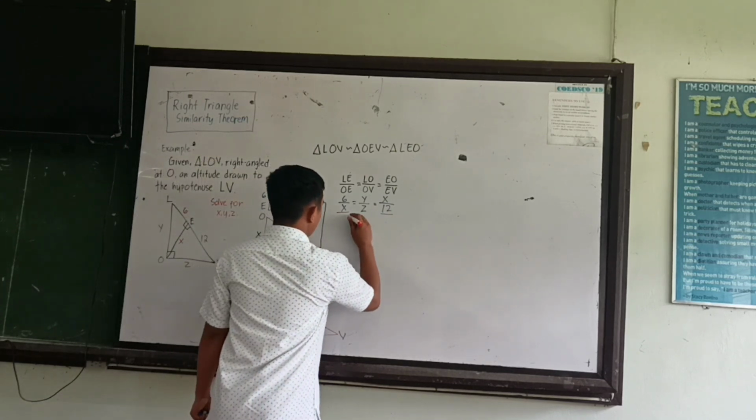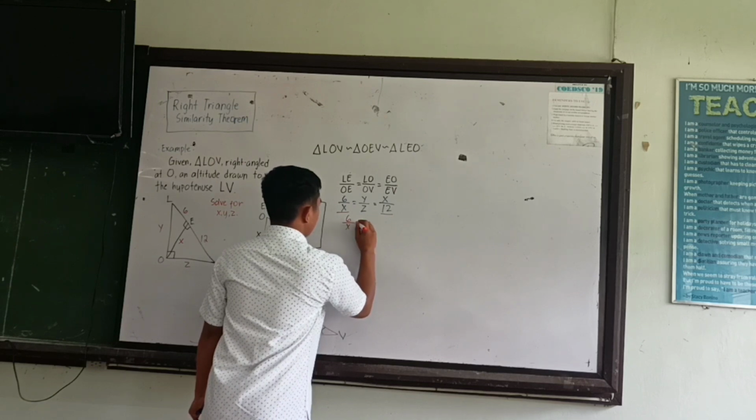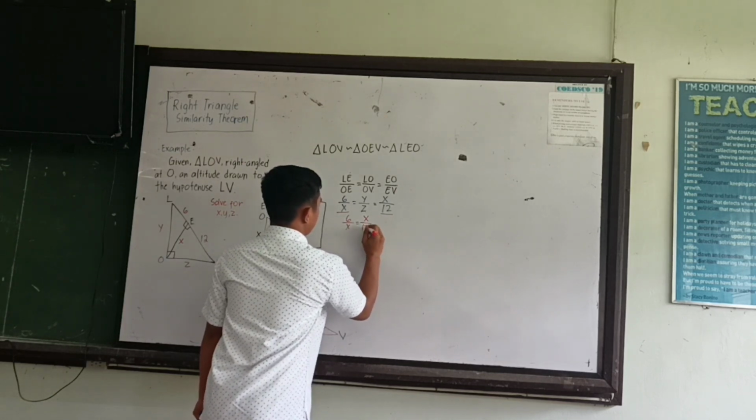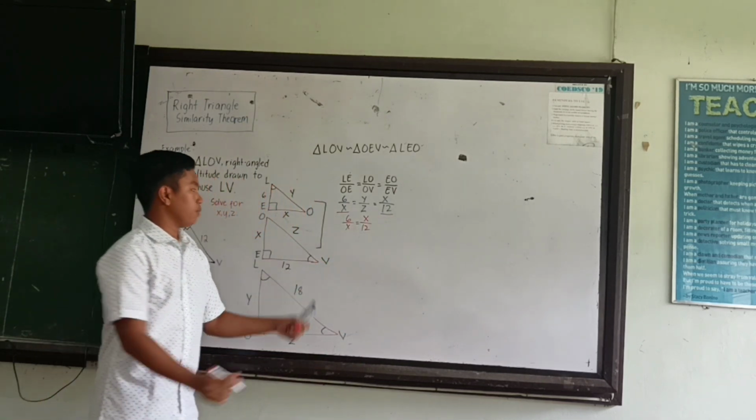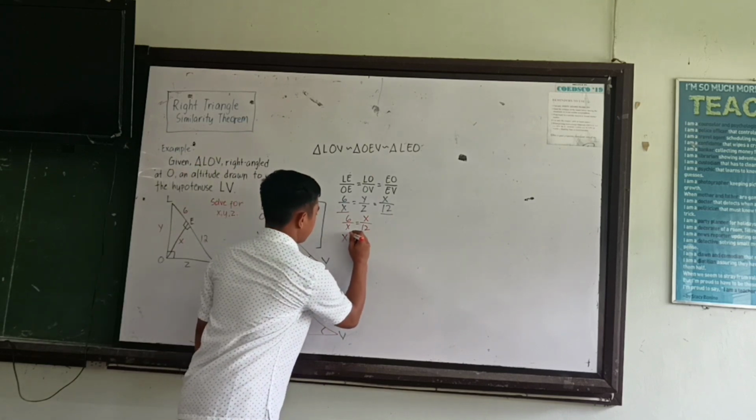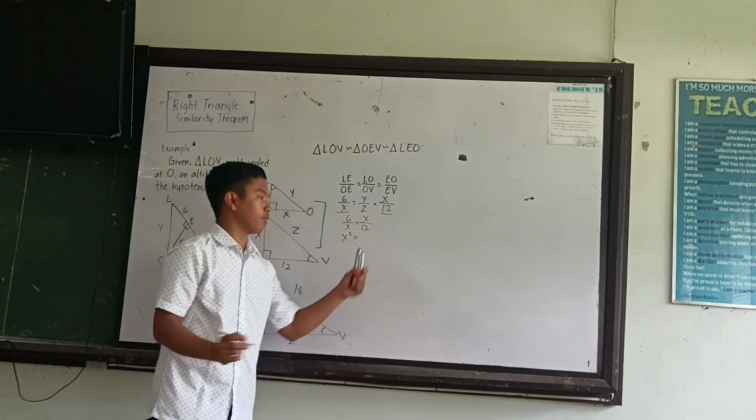So we now have 6 over x equals x over 12. Cross multiply: x squared equals 6 times 12, which is 72.